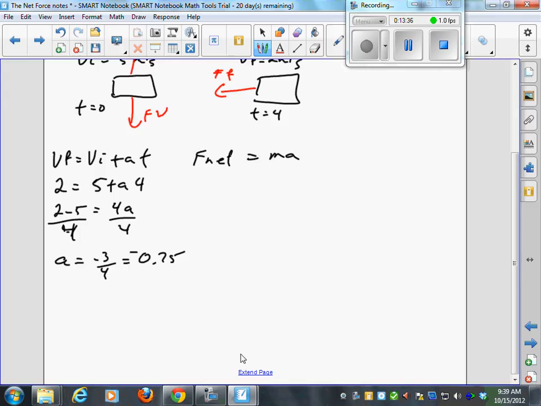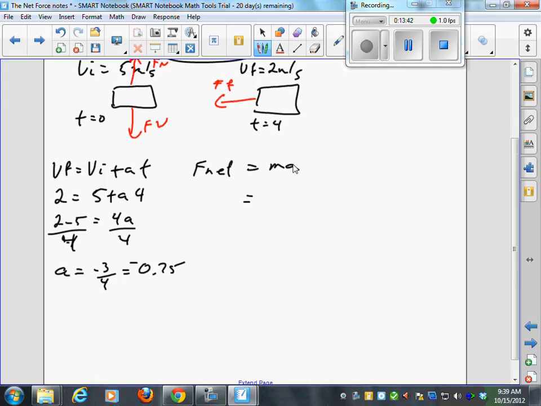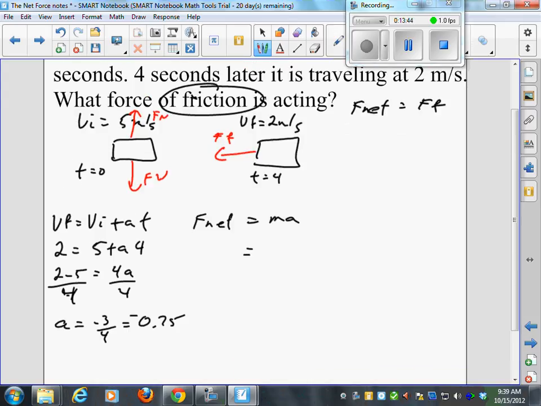And then that goes in place over here. The mass of this thing is 3. 3 times minus 0.75, I believe it's minus 2.25 newtons. And therefore, and I think you guys know 3 dots in a triangle means therefore, the friction force is also minus 2.25 newtons.